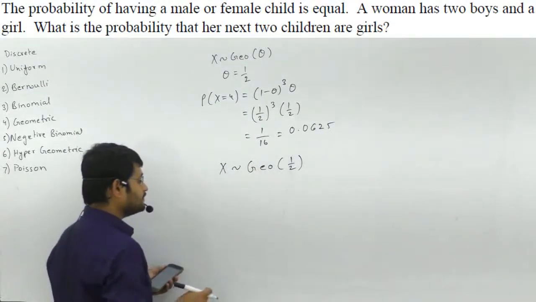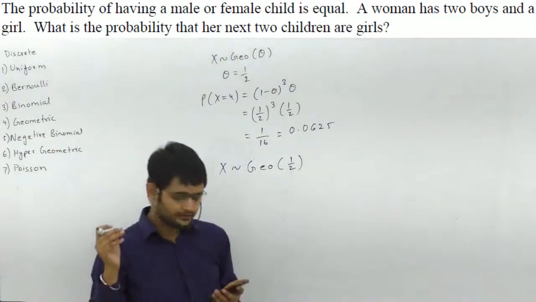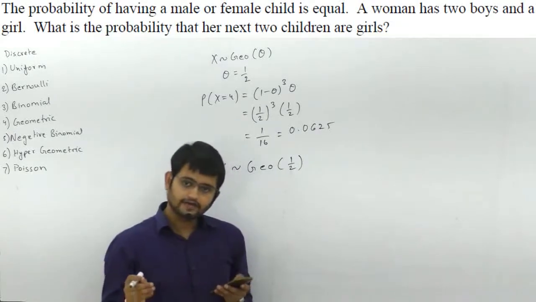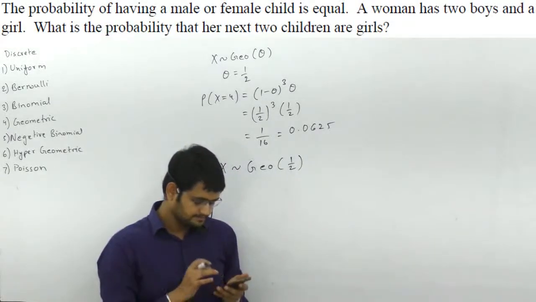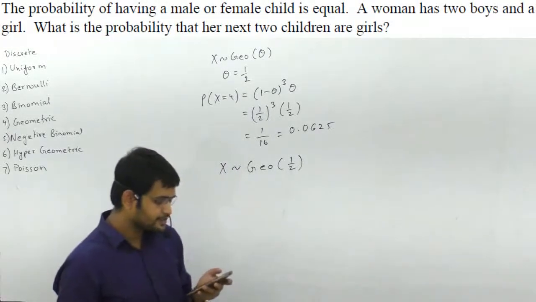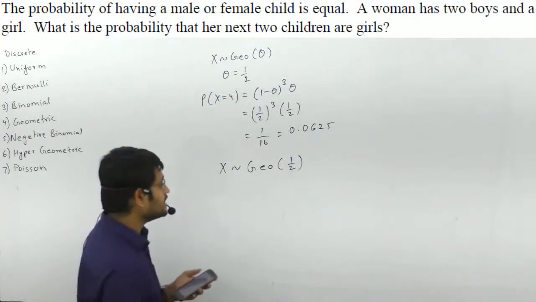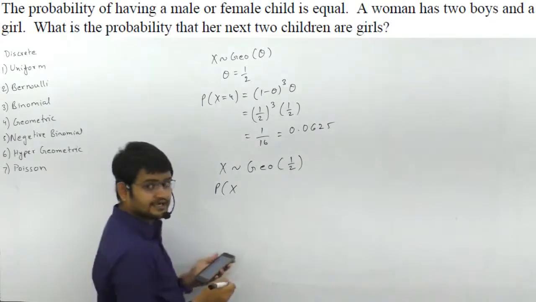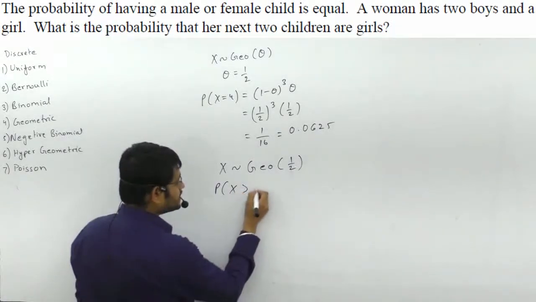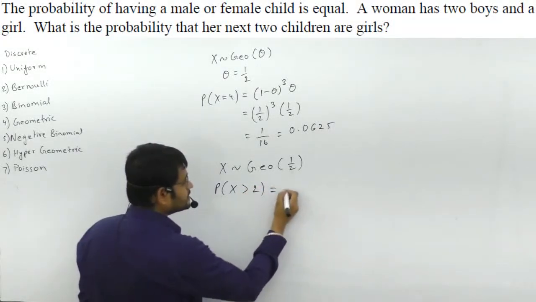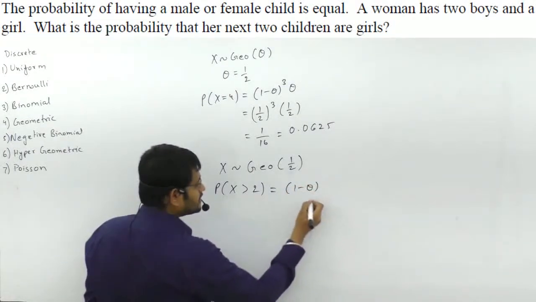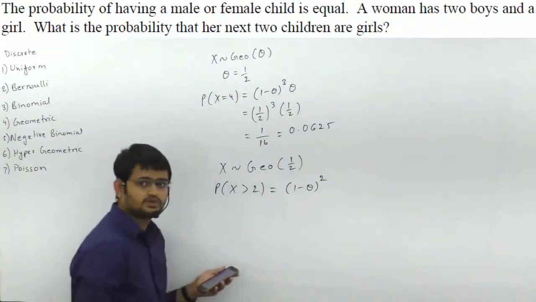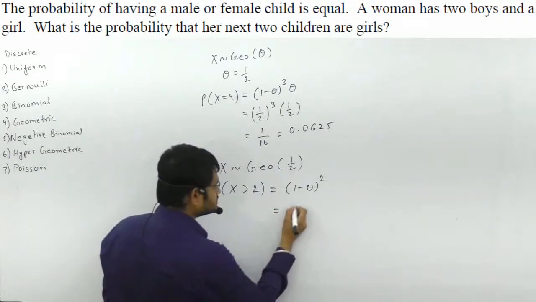Here we can ignore her 2 boys and a girl that we already know, and we have to find the probability that her next 2 children are girls. So we can say the probability that our success, that is having a boy, is greater than 2 will be nothing but (1 − θ)^2.